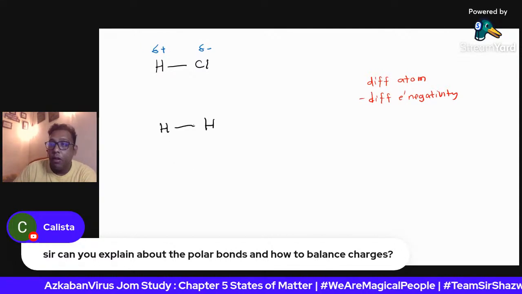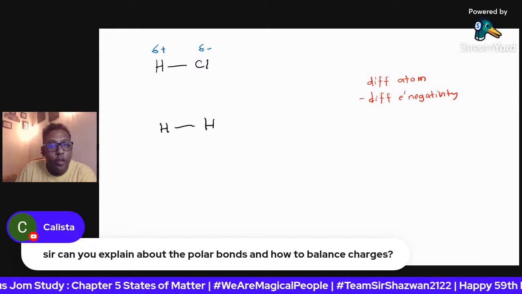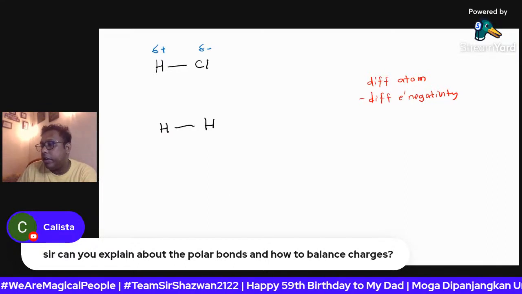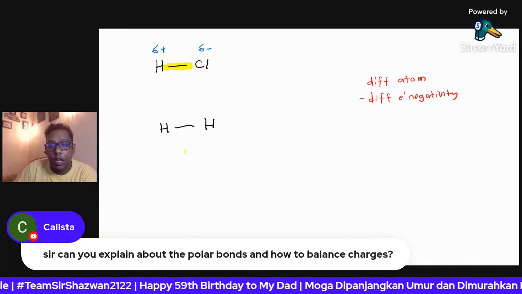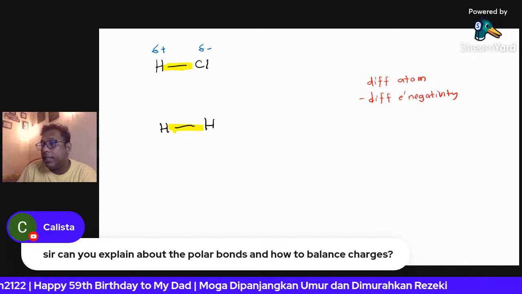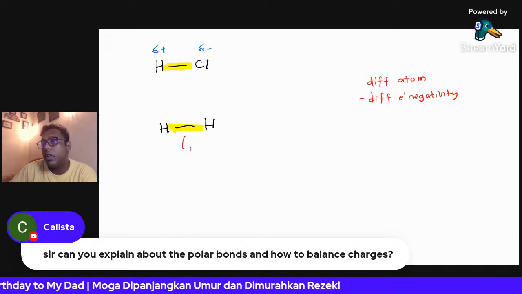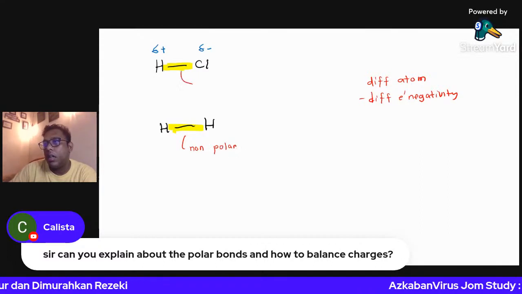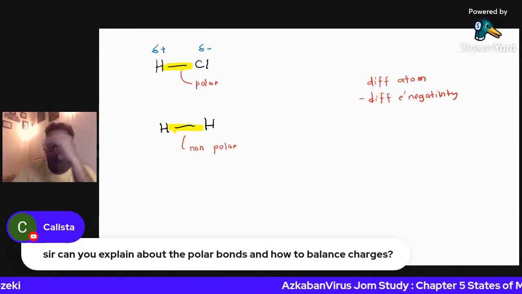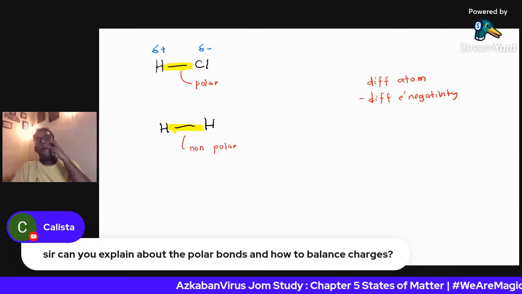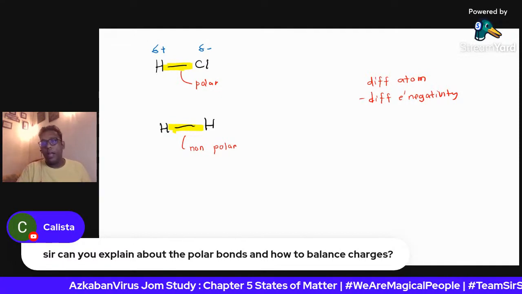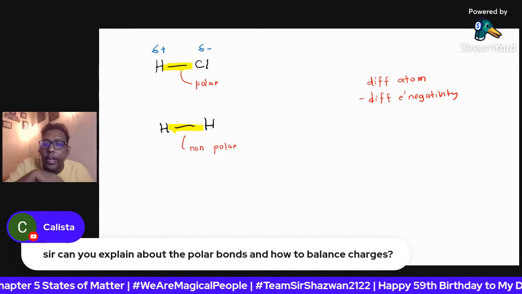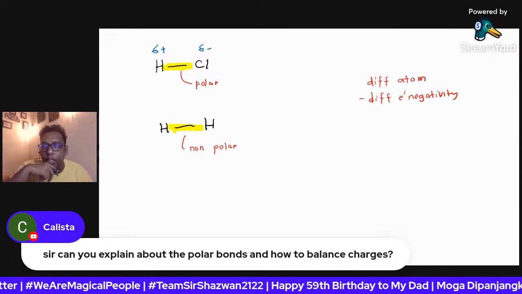Tapi kalau sama atom, tak ada siapa yang lebih electronegative. So this bonding is polar, this bonding is non-polar. You tengok atom je. Kalau beza atom, dia polar. Kalau tak beza atom, dia non-polar. But I don't understand your question regarding how to balance charges. Charges yang mana satu ni?